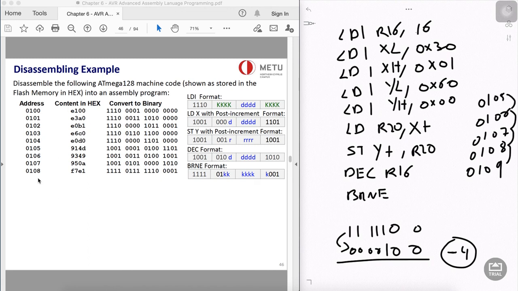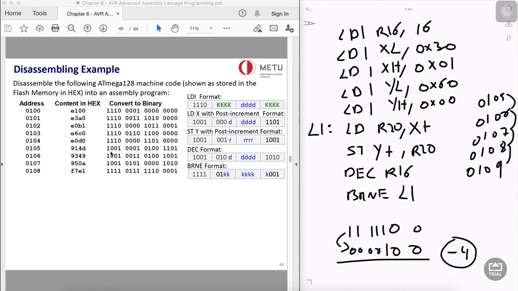Okay, so 4 steps means this is going to be jumping back 1, 2, 3, 4, which is 105, which is over here, which was LD. So that means, let's say this is L1, we jump back to L1.